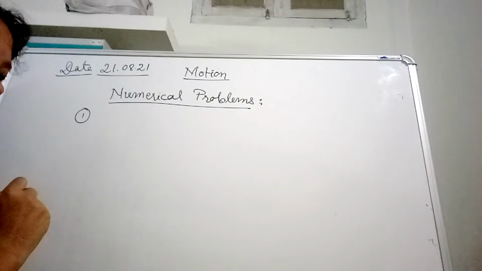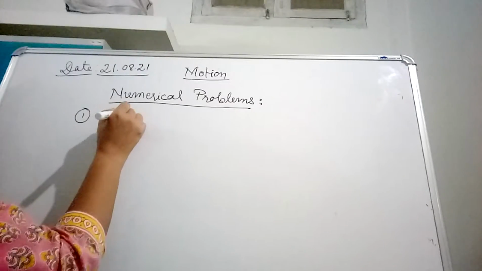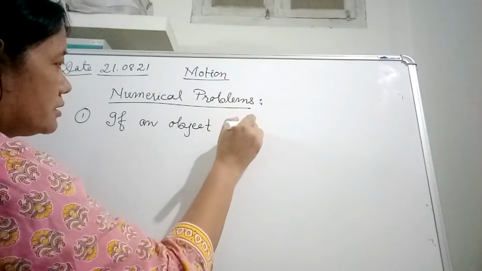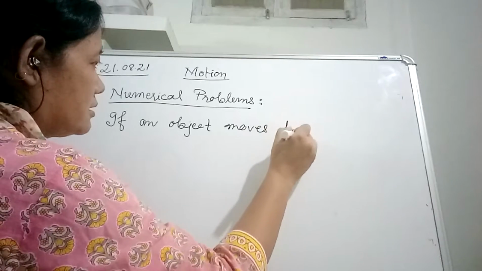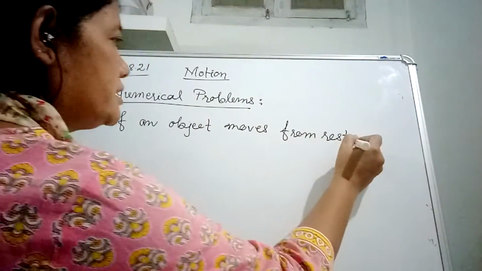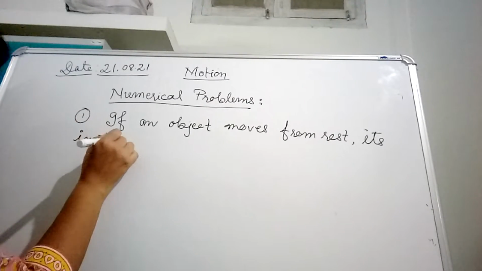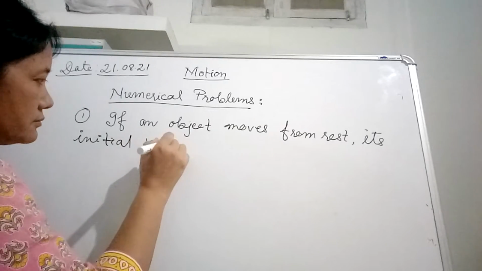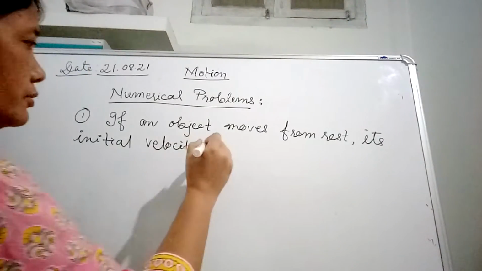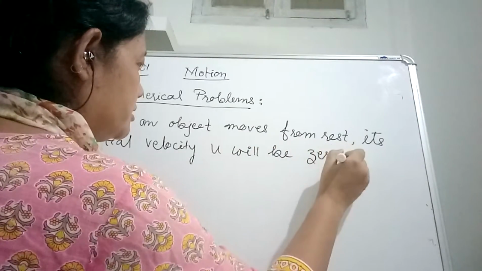Number one, if an object moves from rest, its initial velocity u will be zero.